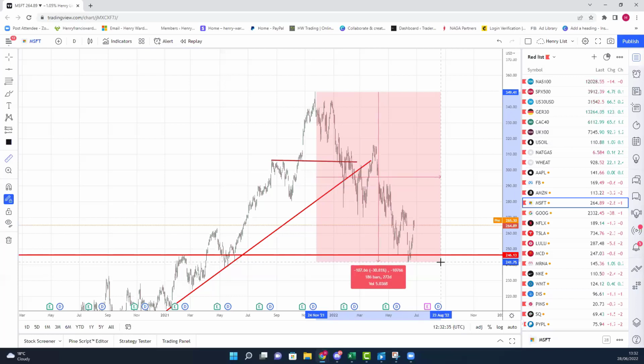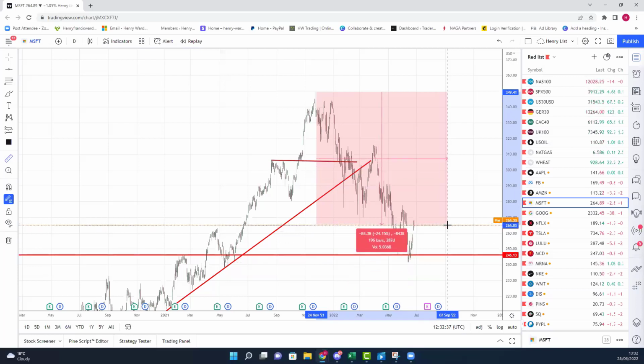We had a 30% pullback on it. It's 24% down from the previous highs. Do I think this will continue to go up? Absolutely. The two that I will hold on to long term are Apple and Microsoft. They're just absolute juggernauts that will continue to grow, in my opinion.